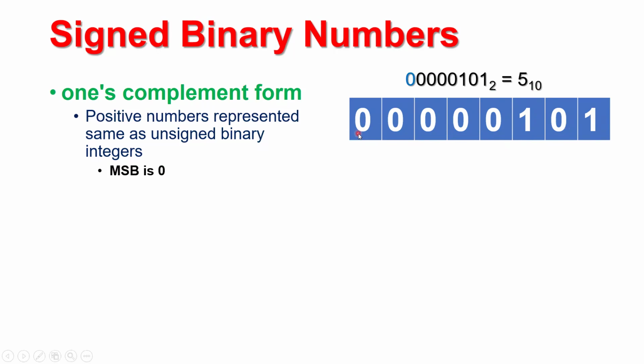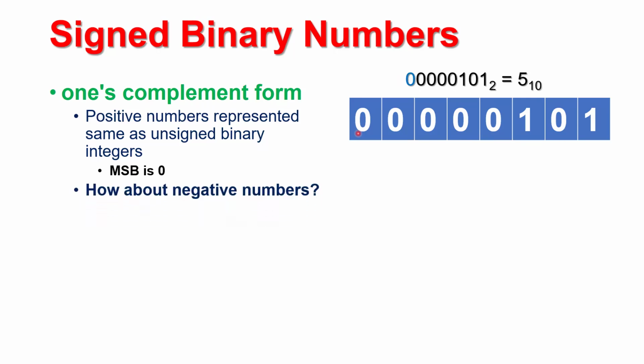It is the same as what we used in unsigned binary integers. And in the signed magnitude form also, the positive numbers are represented the same way. We see that this is the way we represent positive numbers, and in one's complement form the representation of positive numbers is the same.